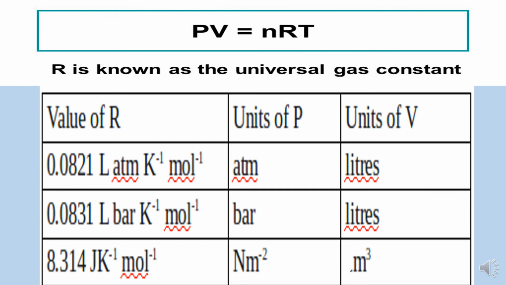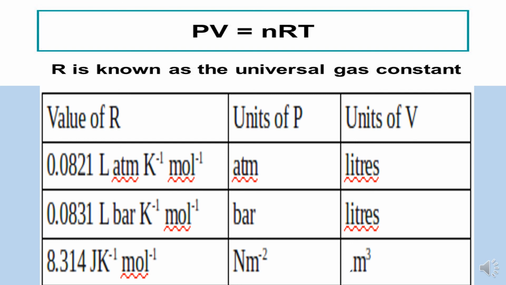Now if we are using pressure in bar and volume in liters or decimeter cube, then the value of R used is 0.0831, because at a pressure of 1 bar, the volume of 1 mole of a gas is 22.7 liters. On putting those values, R is calculated as 0.0831.